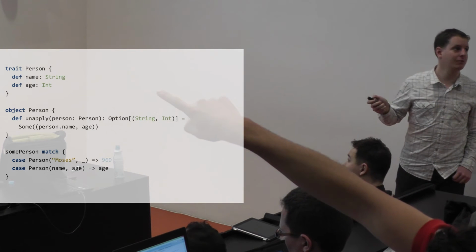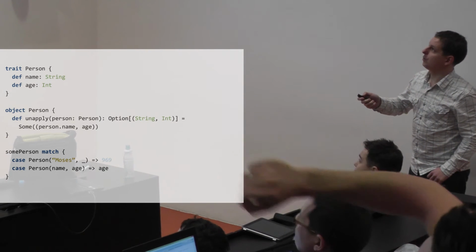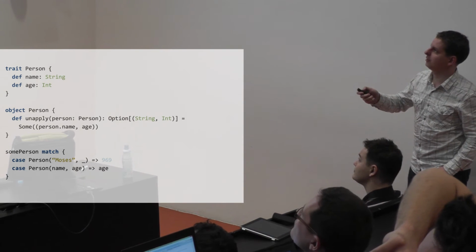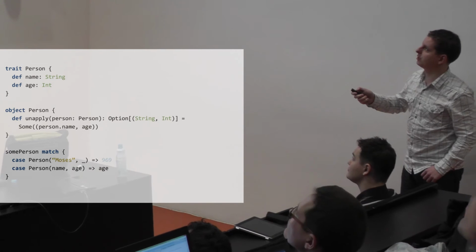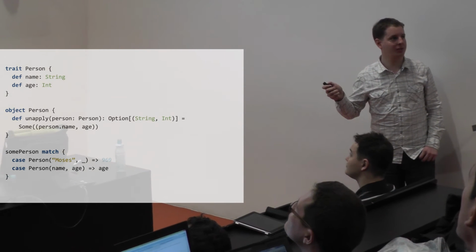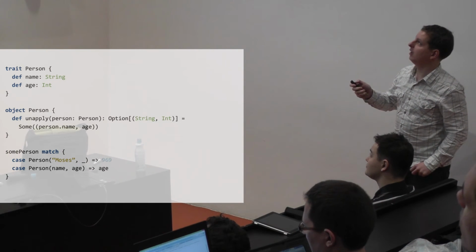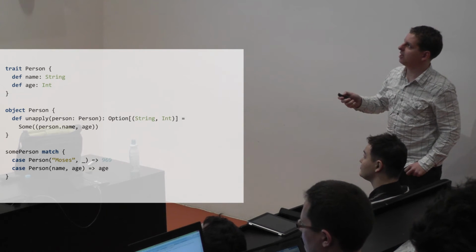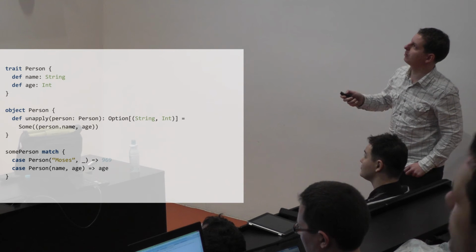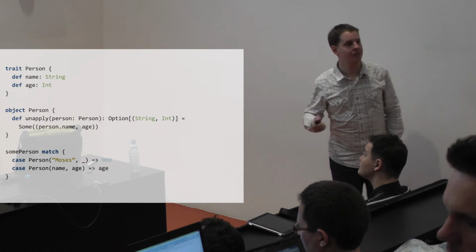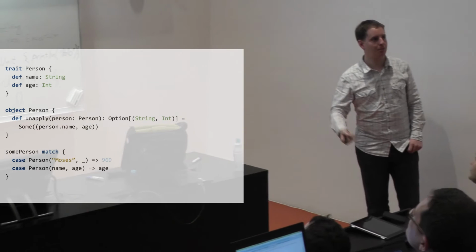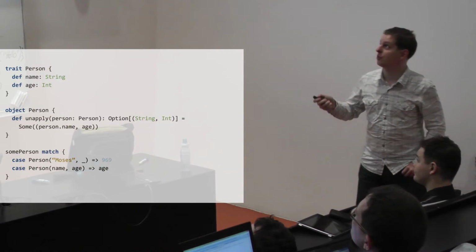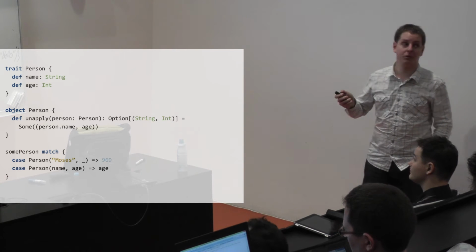It's a magic name, remember it, which takes a parameter of type Person, the trait Person, and returns an Option of a tuple of a String and Int. In this particular case, it will just extract its name and age. There's a typo again, sorry, person.age, and returns Some tuple, person.name, person.age. It's a very simple implementation, but very straightforward.